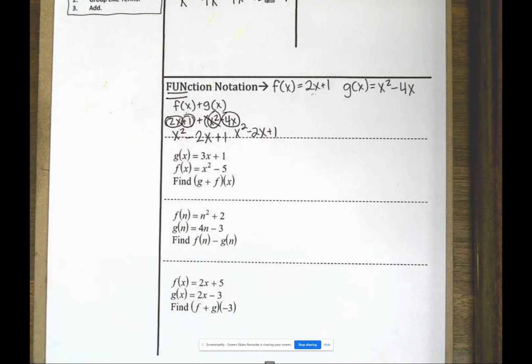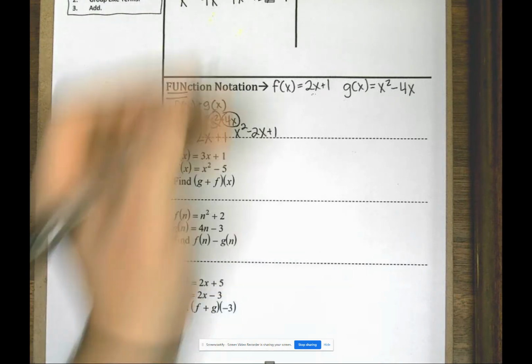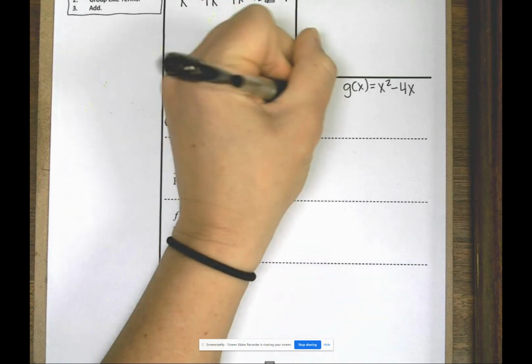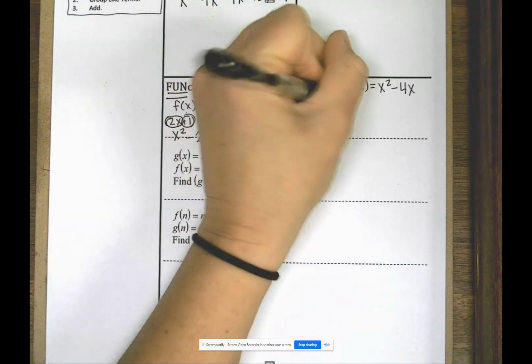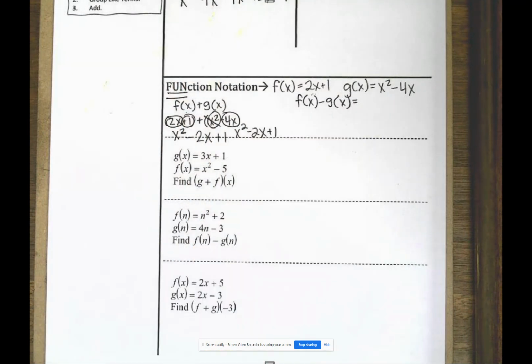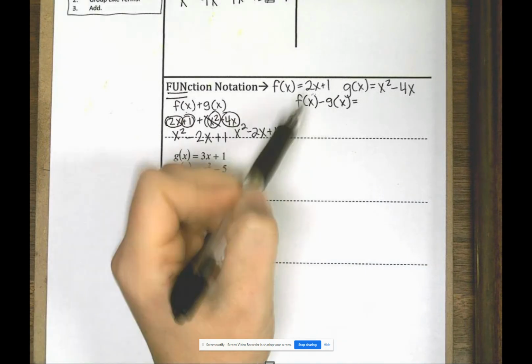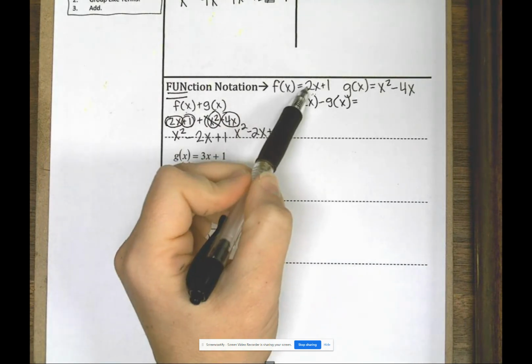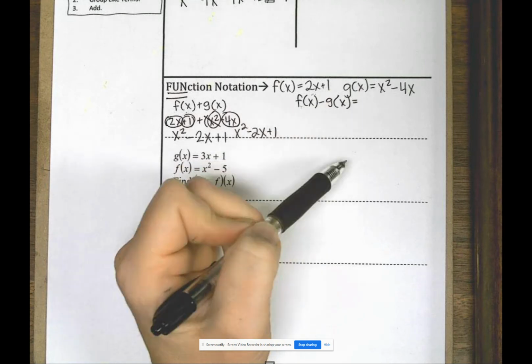We're going to do the same problem, only this time we're going to subtract. So if we subtracted f of x minus g of x, looking at that, it might look like a difficult problem, but we know that we are not dealing with functions when we're doing this problem. We are merely substituting one in for the other.